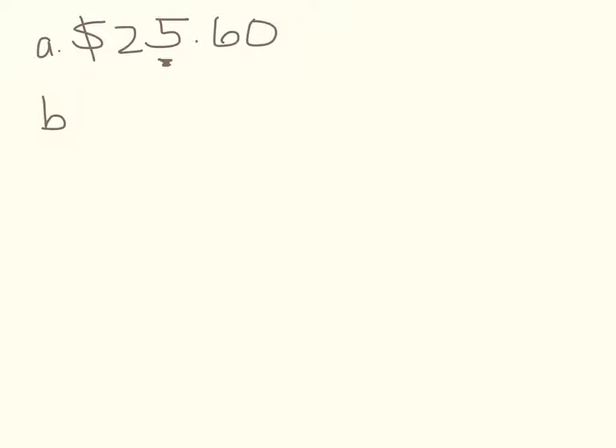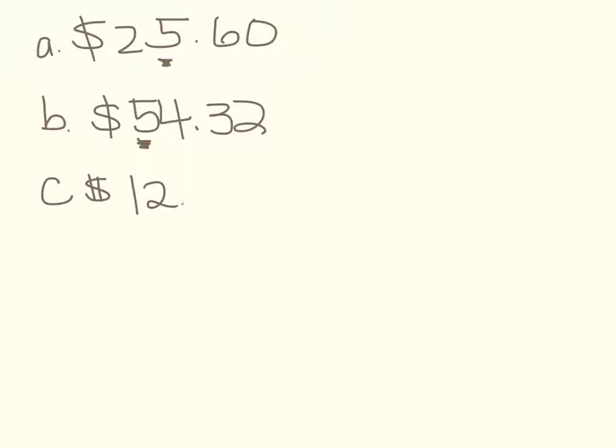For letter B, your money is $54.32. What is the place value of your 5 for letter B? And letter C, they give you $12.75. What is the place value of your 5?